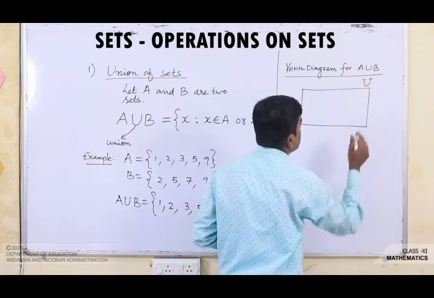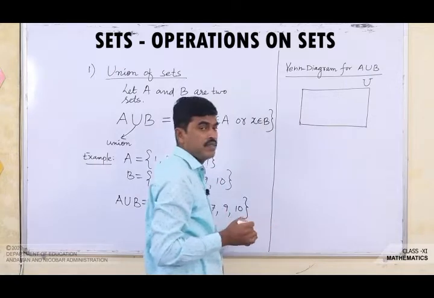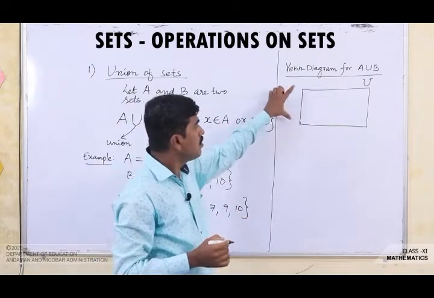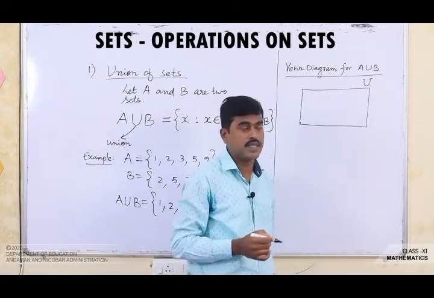This is the symbol for universal set and this one is the symbol for union. See the difference there. So this is a rectangle representing the universal set.